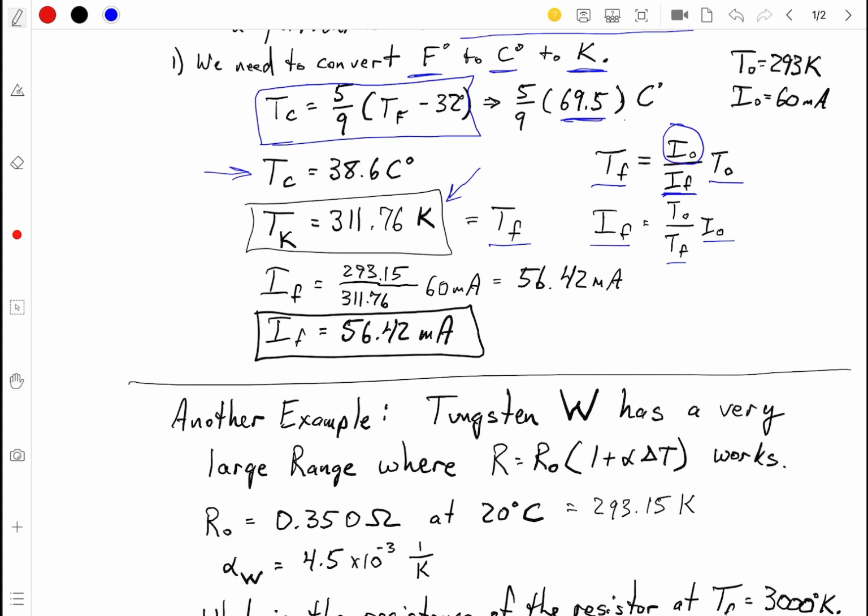It's pretty simple, and we're left with a final current of 56.42 milliamps. Our temperature goes up, which means our current goes down, which means our resistance had to go up. And it did. And that all works out.